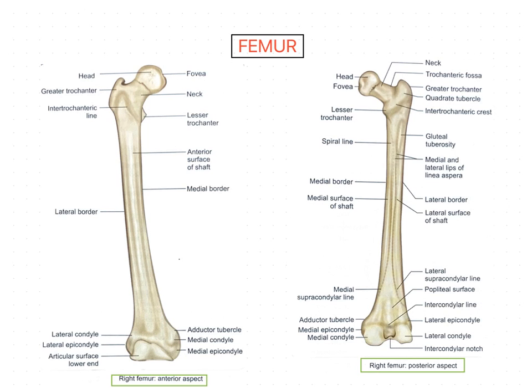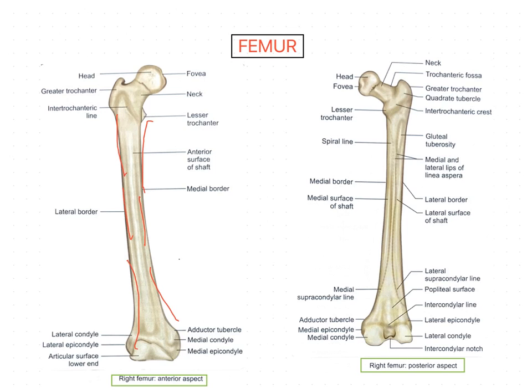The shaft is narrow opposite to its middle part but expands at its upper and lower parts. If you can see the bone, the upper parts are somewhat expanded and the middle part is narrow.